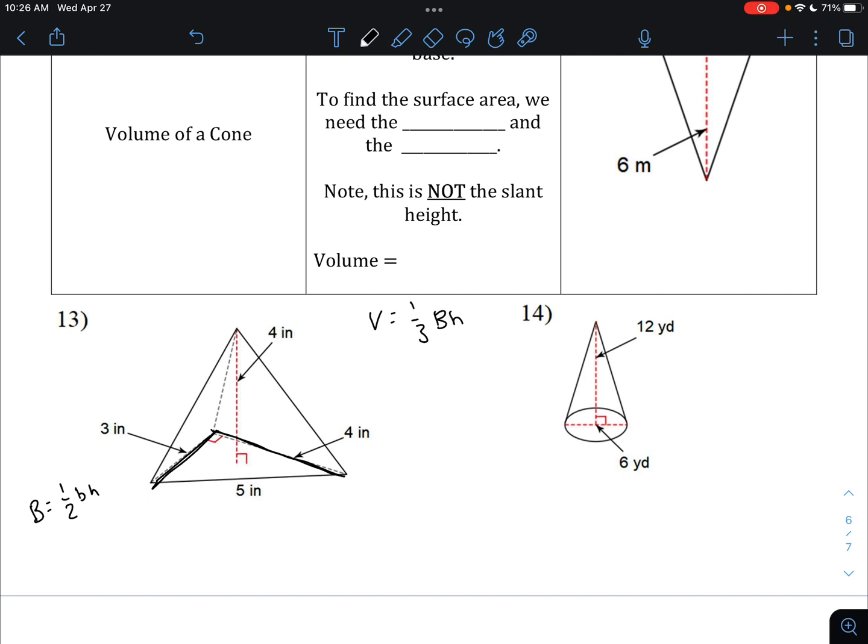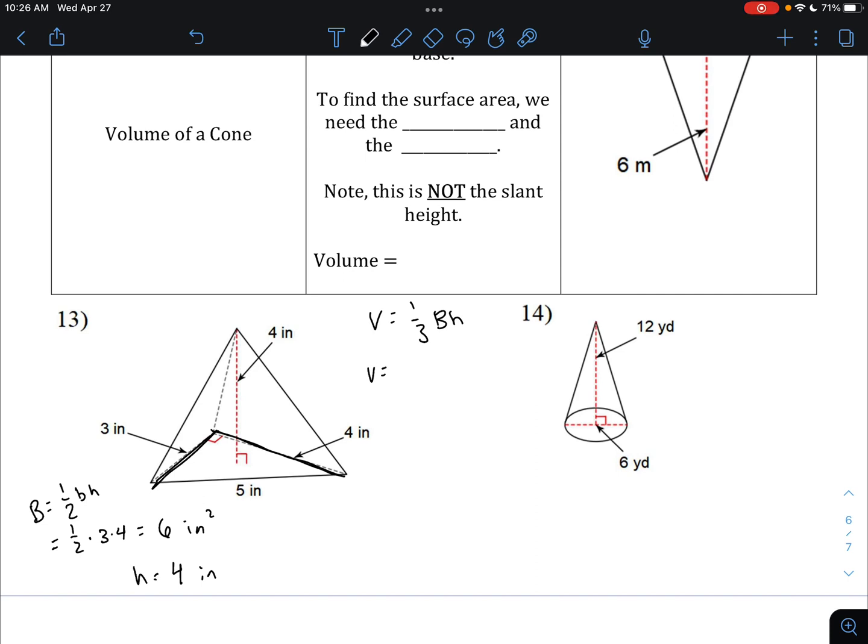And we know that 3 times 4 is 12. And half of 12 is 6. So our base area is 6 inches squared. Now the height, we already know, gave us this vertical height is 4 inches. And so we just have to plug these into our equation.